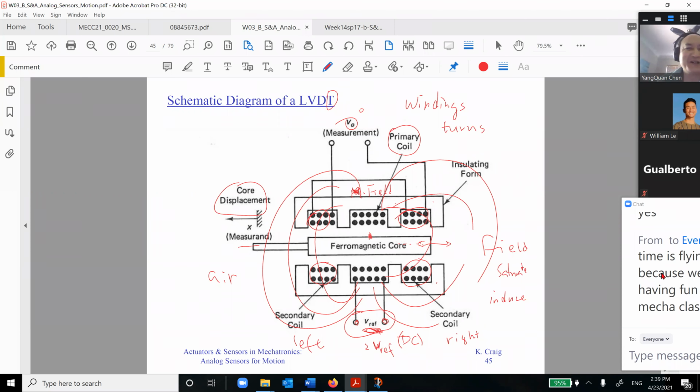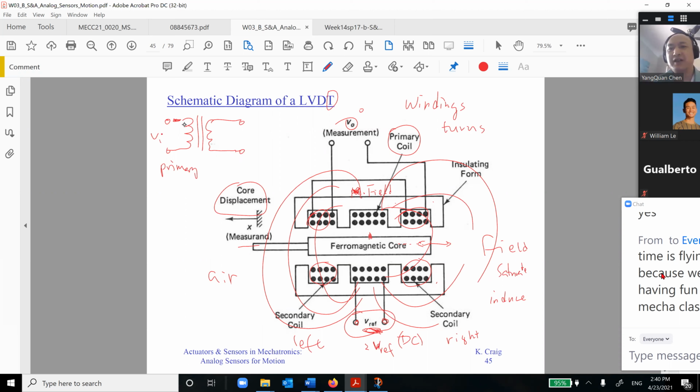There's a movie with the title Transformer, right? A transformer has something like this. You have a ferromagnetic core here, then a primary coil, and then a secondary coil.